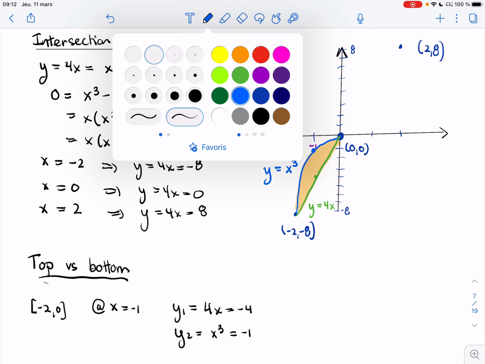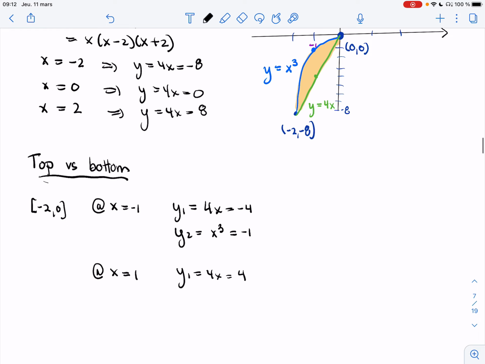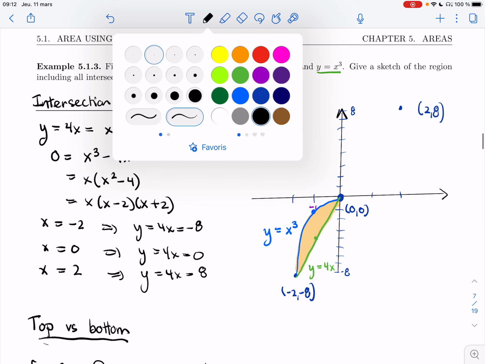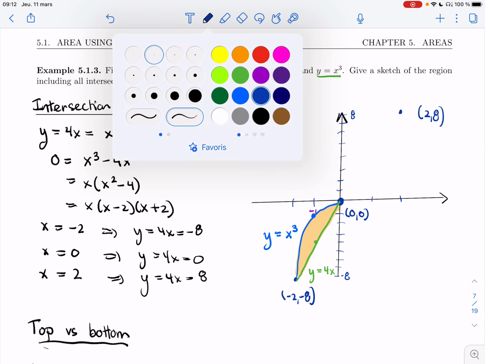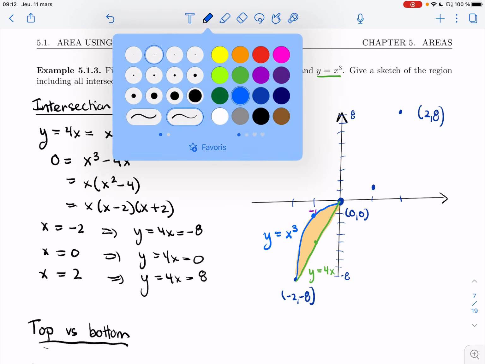Now we have to do the same thing between 0 and 2. I'm going to plug in 1. The first curve is going to be at 4. The other one's going to be at 1. So I have the blue curve is at 1. Sorry, different blue.